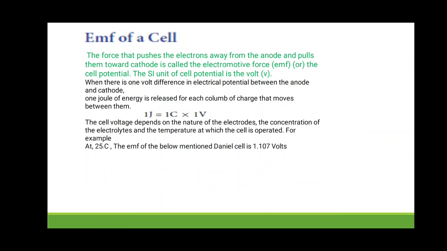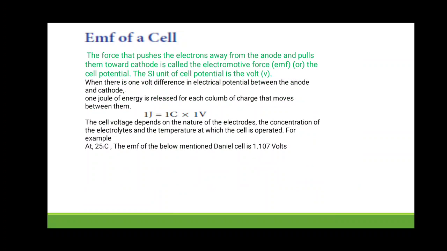The force that pushes the electrons away from the anode and pulls them toward the cathode is called electromotive force, that is EMF, or cell potential. The SI unit of cell potential is volt.